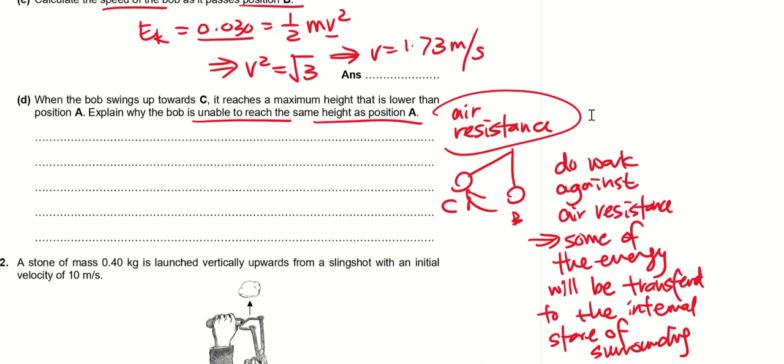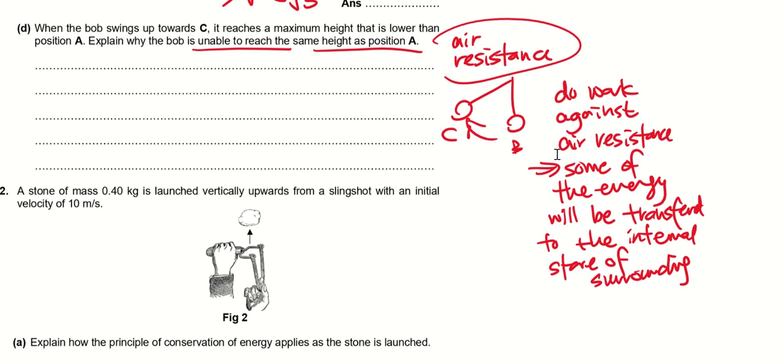But in reality there's air resistance, so as the pendulum bob swings from B to C, it needs to do work against air resistance, because the air resistance is opposing it. So some of the energy will be transferred to the internal store of the surrounding by way of sound energy and thermal energy.